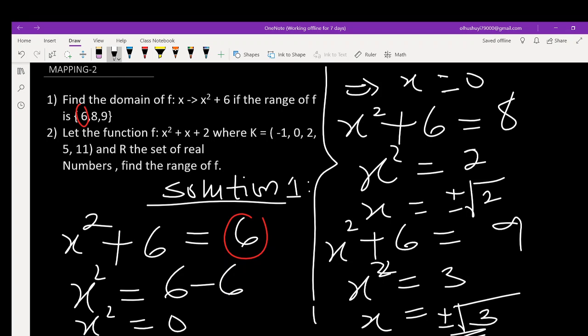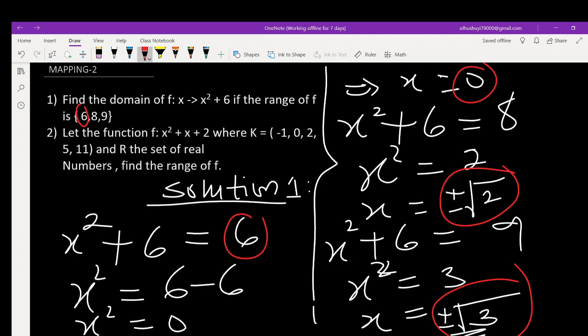So what will be the range? Now we can write the range. The first one will be 0, followed by plus or minus root 2, then followed by plus or minus root 3. Isn't it?